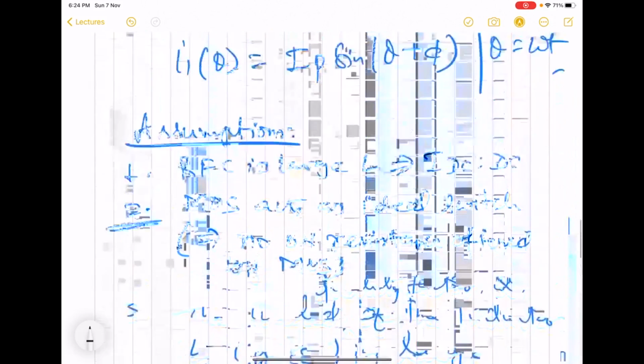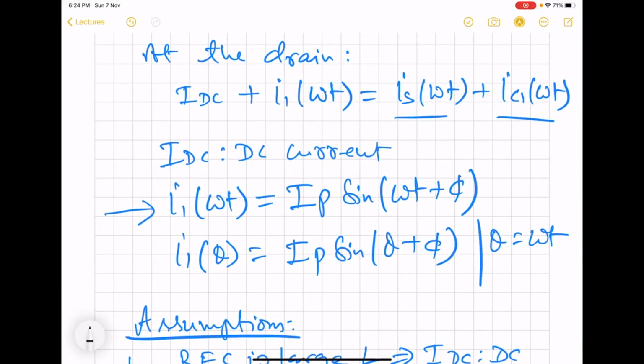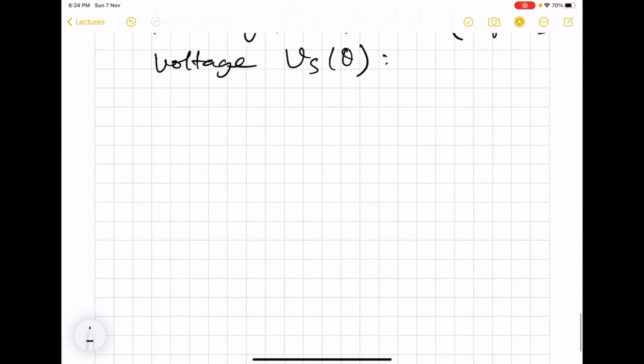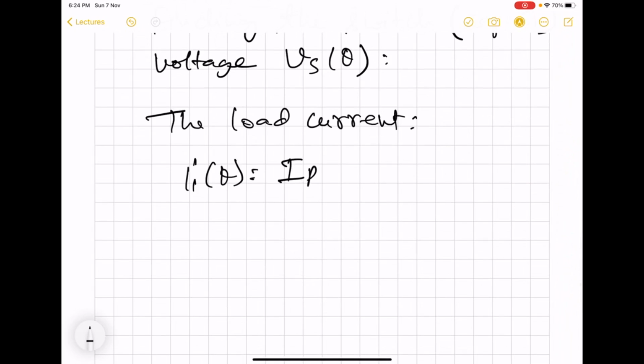Now the starting point is going to be the fundamental current that we have assumed through the load network. We have assumed the load current to be IP sine(theta plus phi), where phi is the initial phase and IP is the amplitude.